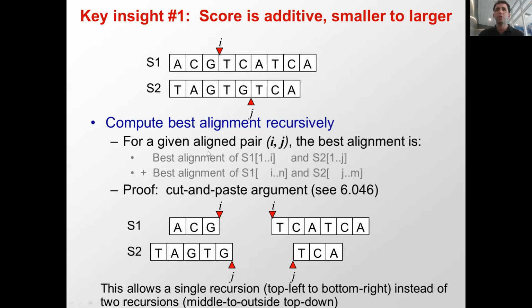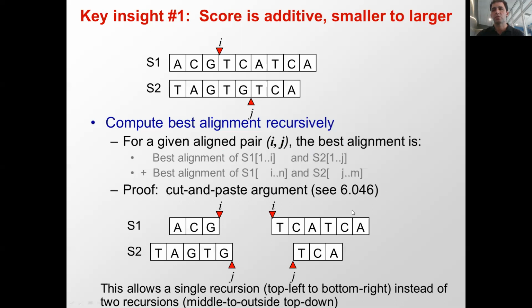So we're going to be computing the best alignment recursively. For a given aligned pair, i j, the best alignment will be the best alignment of S1 all the way to i and S2 all the way to j, and the best alignment of S1 all the way to the end. And we're going to be doing this by adding only one character at a time. To prove that this must be the case, we're going to be using a cut and paste argument.